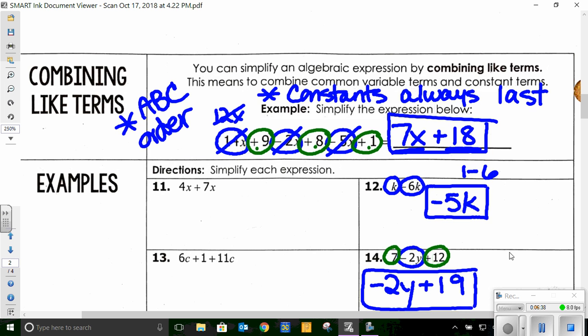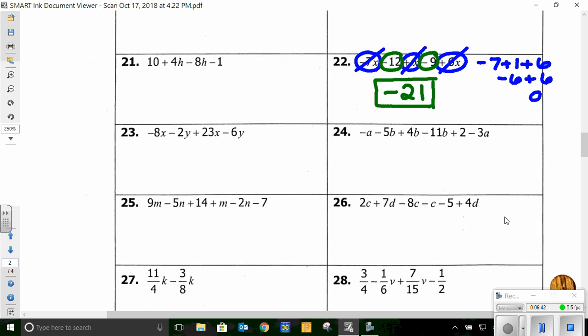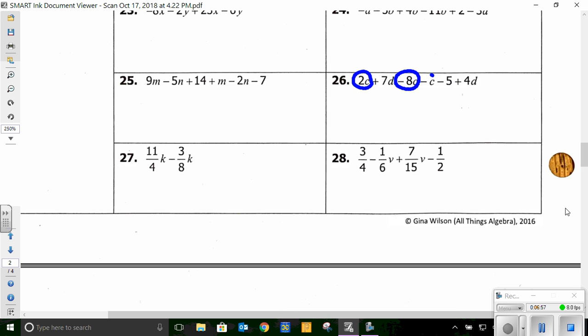And then on the one that we're about to do, number 26 here, we've got to worry about our order, because I have C's and I have D's. So I'm going to start with the C's, any term with a C. Positive 2C, negative 8C, and then minus C, and that's all my C's. So again, it's going to be like 2 minus 8 minus 1.